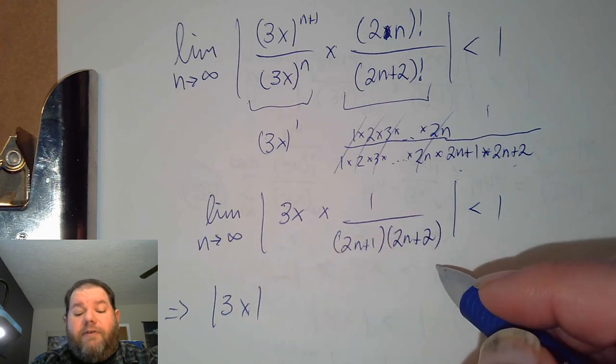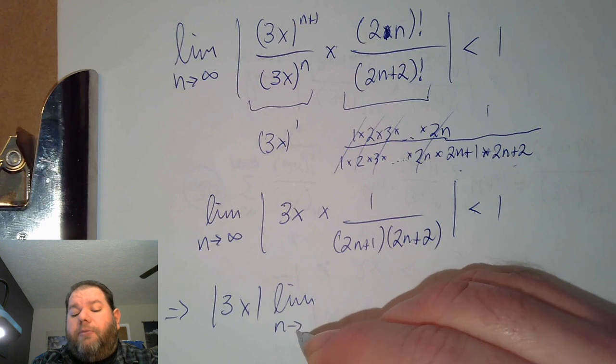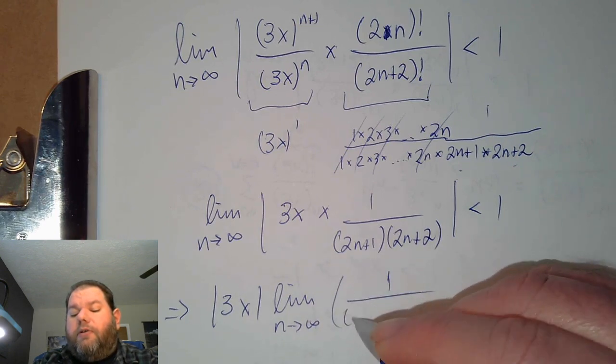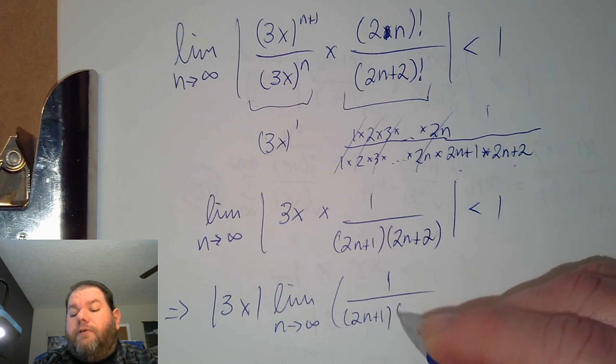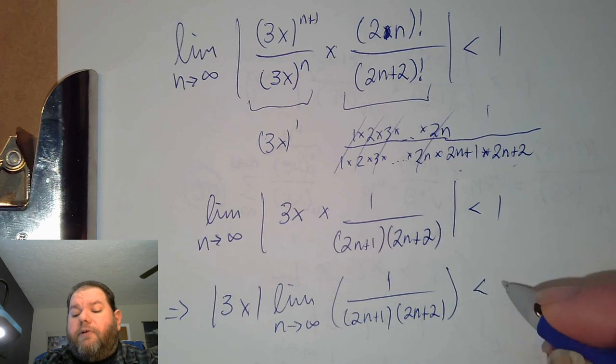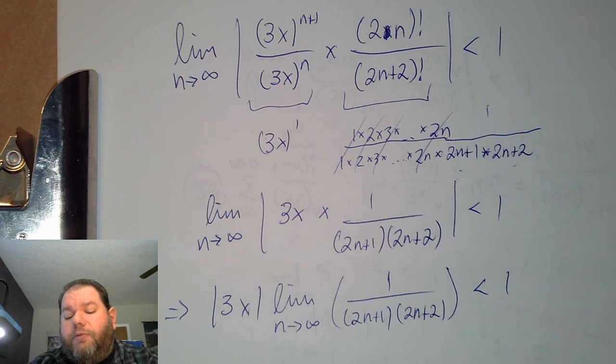However, n is a positive number, so at this point we could rewrite this and say absolute value of 3x times the limit of 1 over 2n plus 1 times 2n plus 2. We would no longer need the absolute value bars here because n is already known to be non-negative, so we're good making that change.